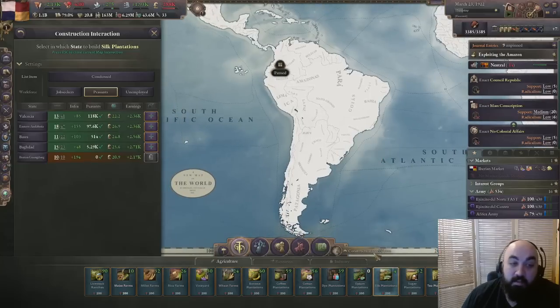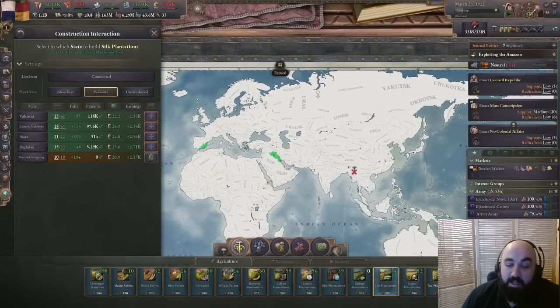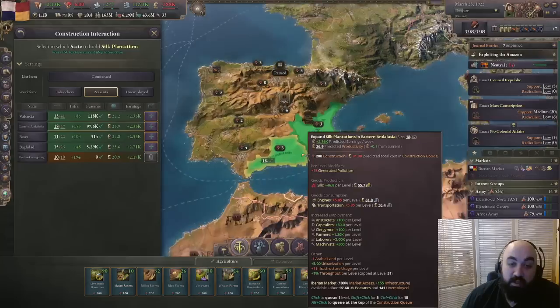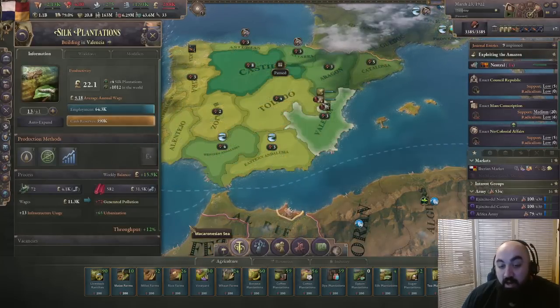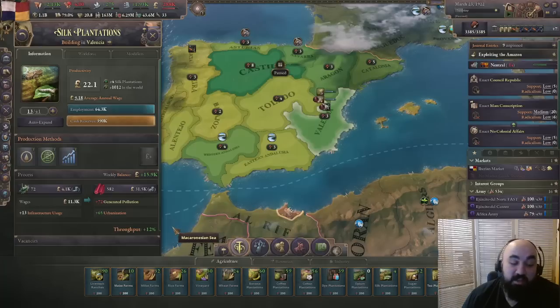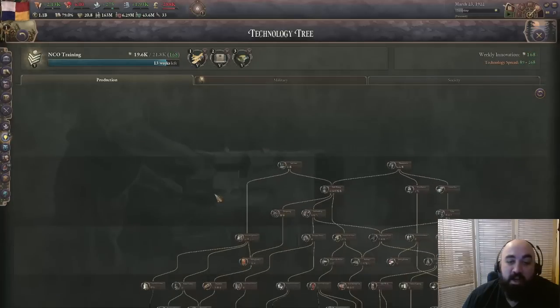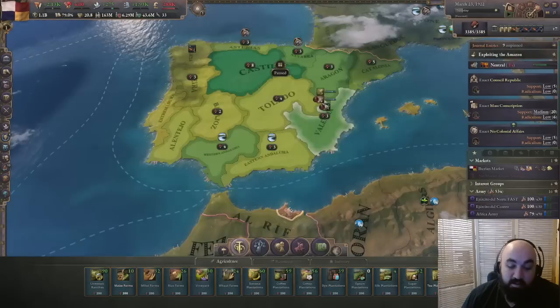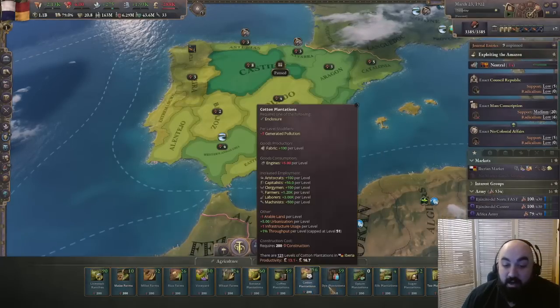One of the problems with silk in a lot of countries that can produce it, in the East, is you're building over subsistence rice farms, and so ones where you're not building over the subsistence rice farms are going to look a little bit better. On the other hand, in regards to silk, importing it from Qing is really good. Qing gets a special modifier, their own unique tech, which will be in the top left corner of production, which gives them extra throughput on it, and so just letting them build it can also be a decent strategy, and not importing it, but that will leave you going after dye and cotton.